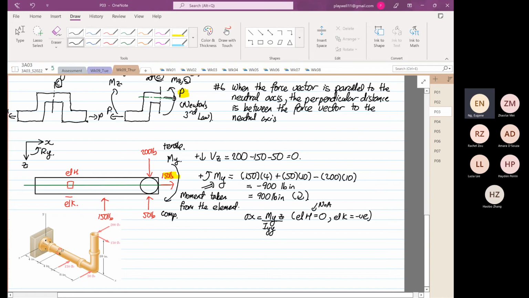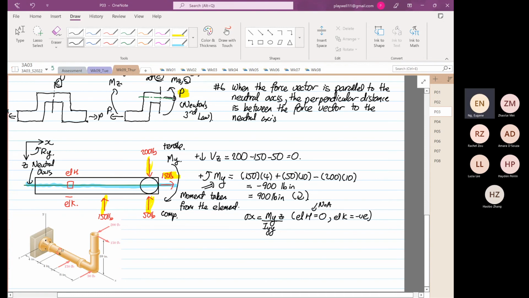Now for this case, the force vectors are perpendicular to the neutral axis. So this is our neutral axis.